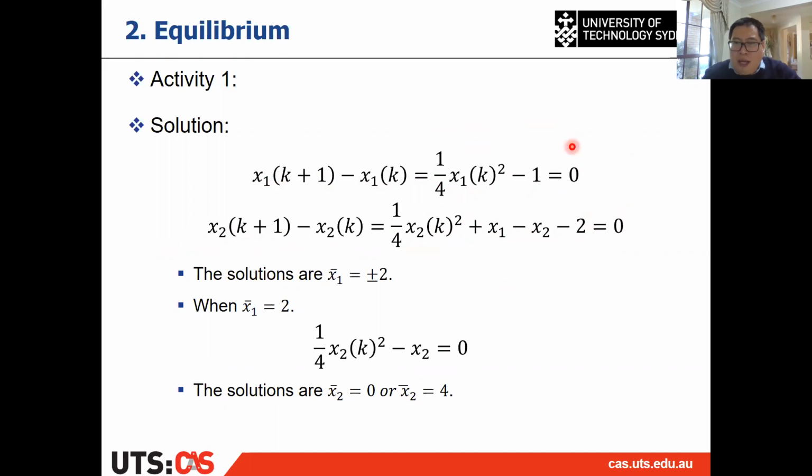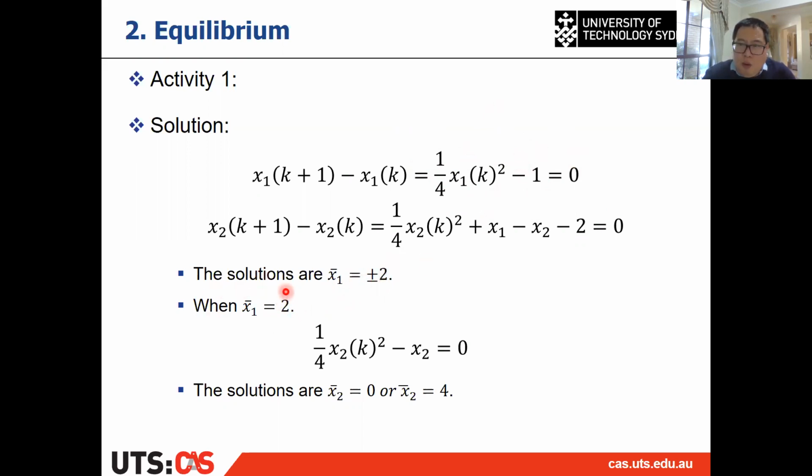If we only look at the first equation, we can directly solve x1 from it, and we got the answer already in the previous example. Which means the solutions for x1 are 2 or minus 2 from the first equation. Then we can consider them separately.